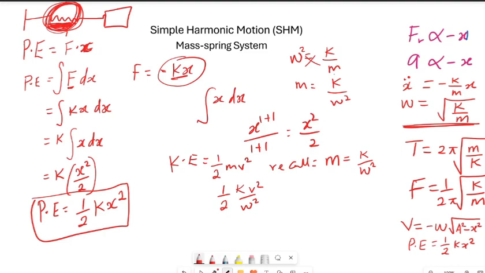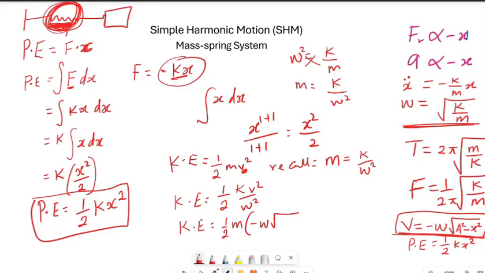We can represent it in terms of velocity. Since we can see the velocity here, we can actually represent it like that. So let's go ahead and do it like that also. We have our kinetic energy. If we change this velocity into this expression, I can just say half m, our velocity is minus omega square root of a squared minus x squared, all squared.